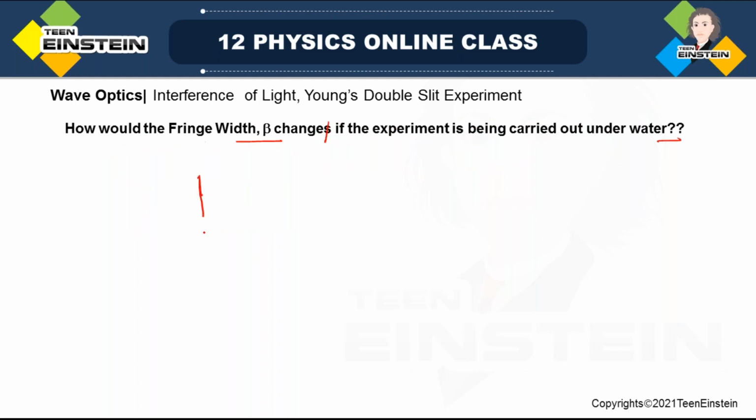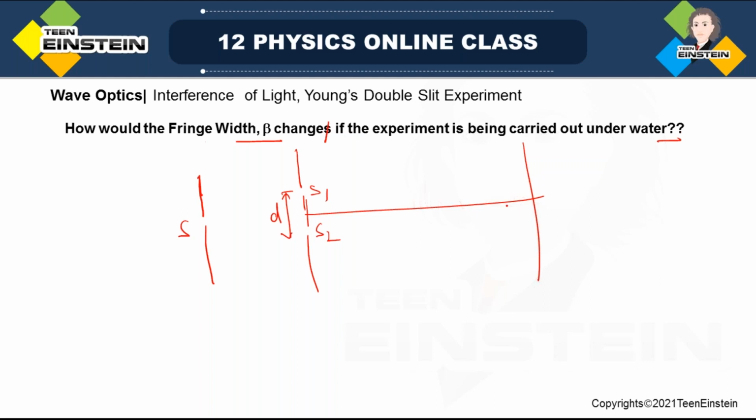I have a slit first, then I have a double slit, S2 and S1, and they have separation as small d, and you have kept the screen at capital D distance, this is O. So all things are all right.